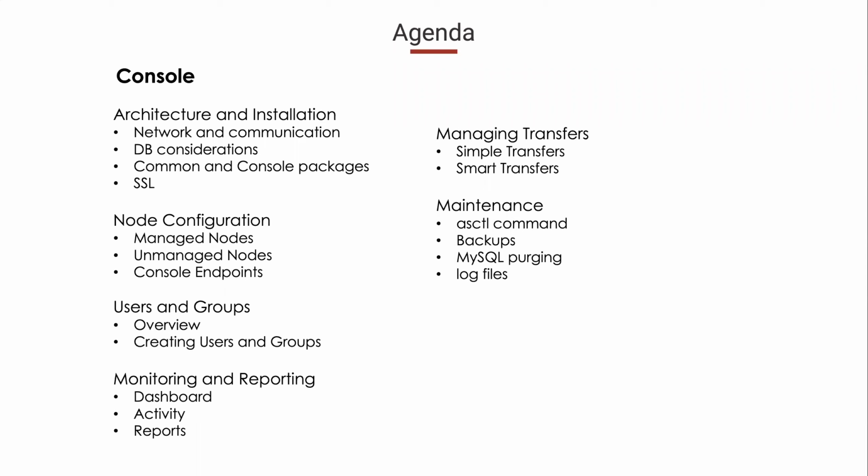We'll touch on users and groups inside of Console, and then look at that real-time and historic monitoring and reporting capability. As I mentioned, there are ways for Console to initiate transfers in between your Aspera nodes. So we'll take a look at those and then cover a little bit of maintenance topics, more on the administrative side for Aspera Console.